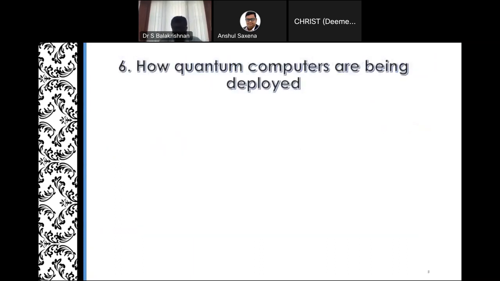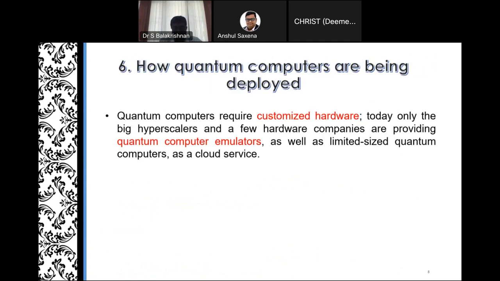Next, how quantum computers are being deployed. Whenever we are talking about the deployment of quantum computers, the quantum computer requires customized hardware. Today, only the big hyperscalers and a few hardware companies are providing quantum computer emulators, as well as these limited-size quantum computers, as a cloud service.